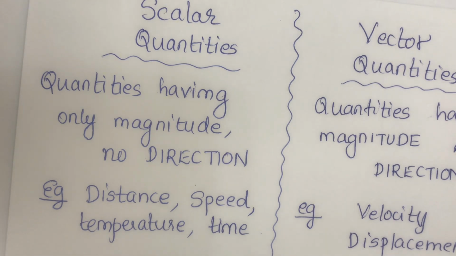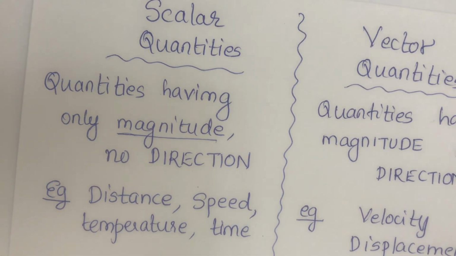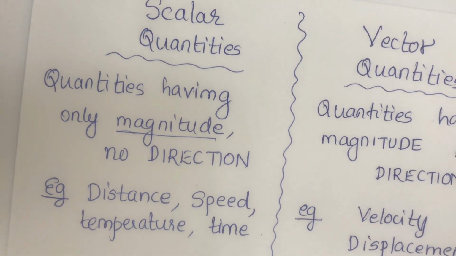For example, distance. I am saying the distance from my home to my school is 20 kilometer. I am not saying any direction. I am just specifying the magnitude, the numerical value. So distance is a scalar quantity, having only magnitude, no direction, and also speed.